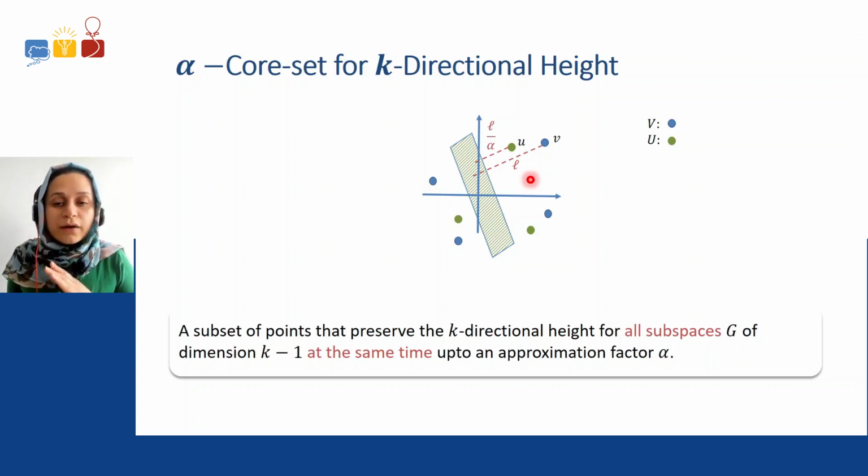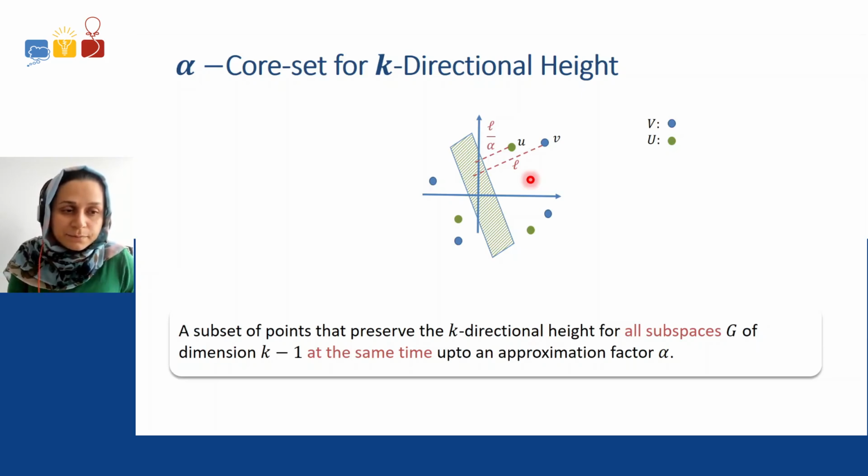If we have this property, we say that we have an alpha coreset for k directional height. So the subset U is preserving the maximum height of the points with respect to all k-1 dimensional subspaces.